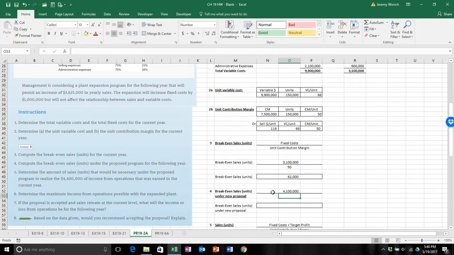So now we have fixed cost of 4.1 million. Our contribution margin is not changing because our variable costs are not changing. So we're going to divide that by 50. So under the new proposal, we're going to have to sell 82,000 units.